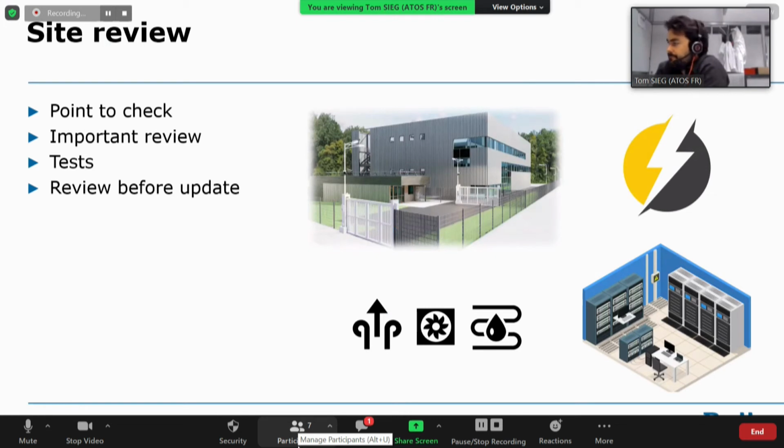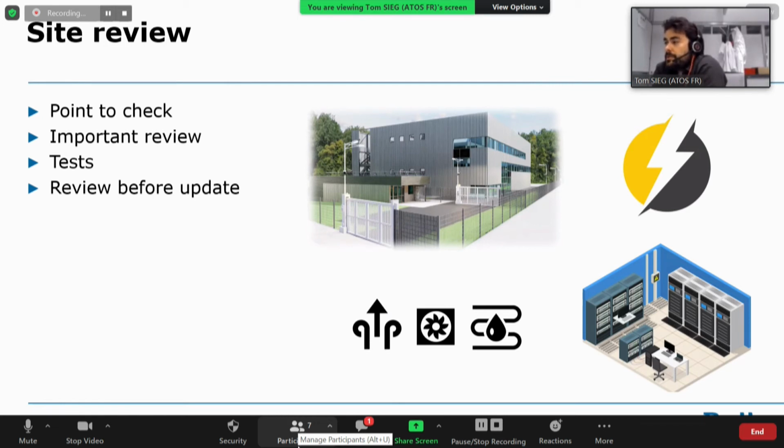The first part, when you have to deploy and install it, is to check that the data center is okay to install, that it is able, of course, to host the solution inside, a water-cooled solution, for example.